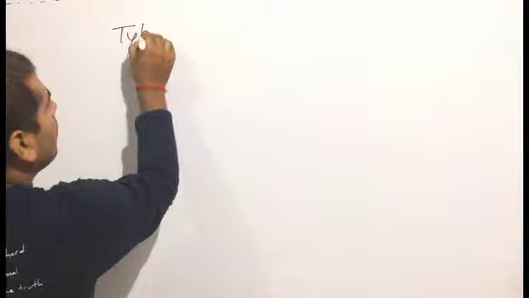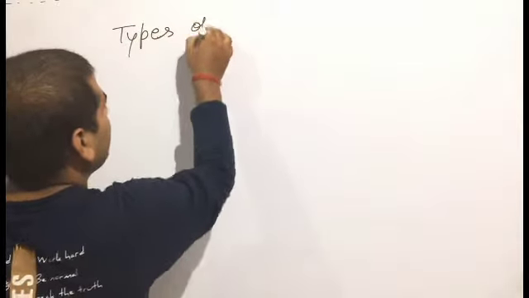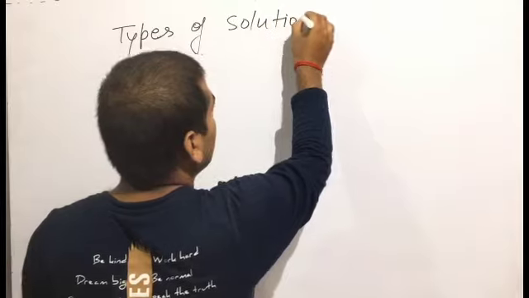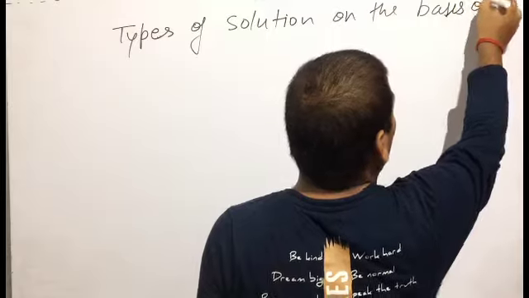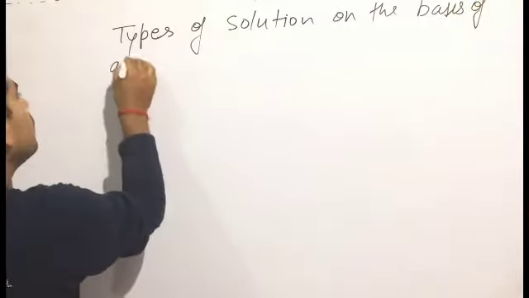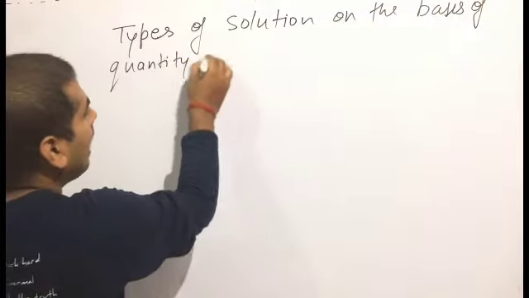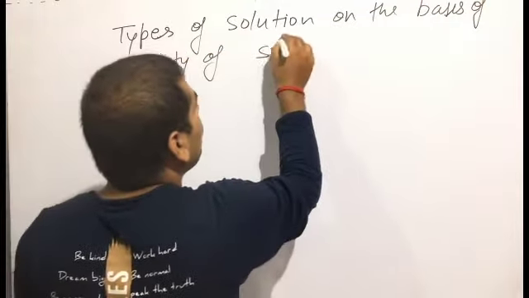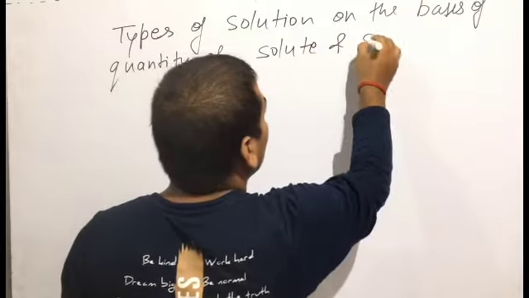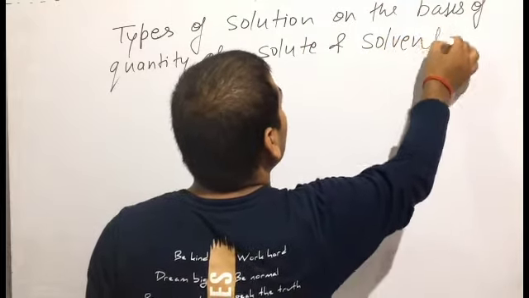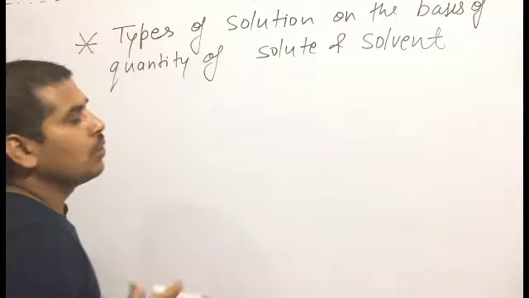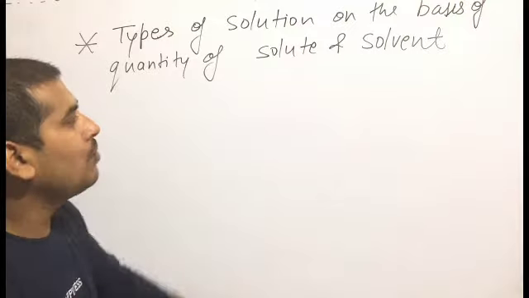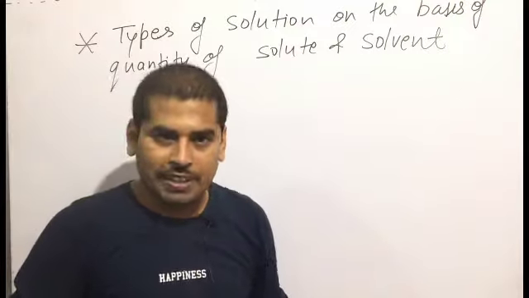Now we have to discuss types of solution on the basis of quantity of solute and solvent. Means we have to discuss types of solution on the basis of quantity of solute and solvent.